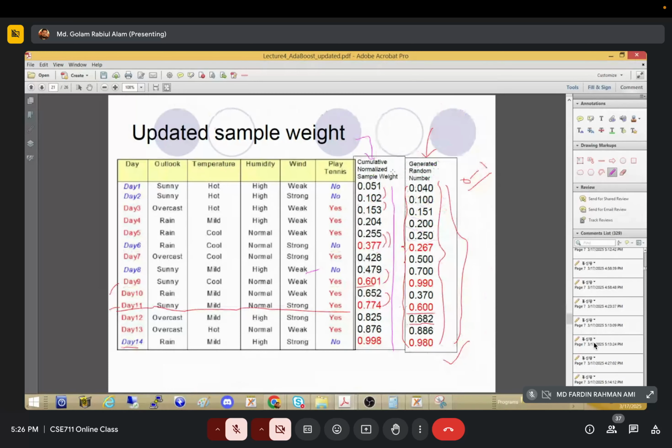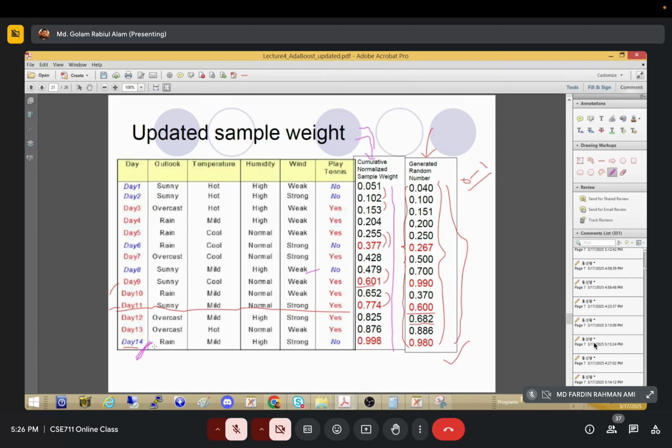Now we have to generate random numbers within 0 to 1, 14 random numbers, because we have 14 instances in our data set. We will generate 14 random numbers, with values within 0 to 1.